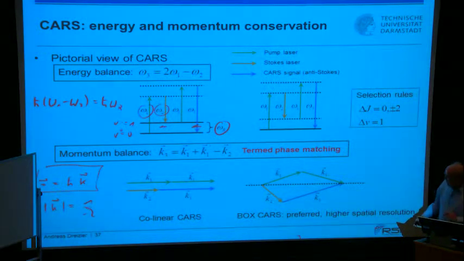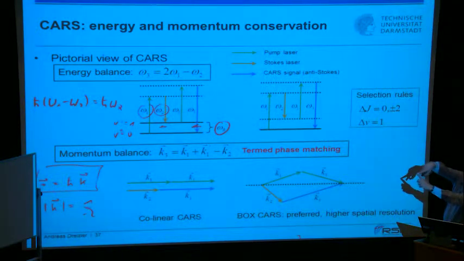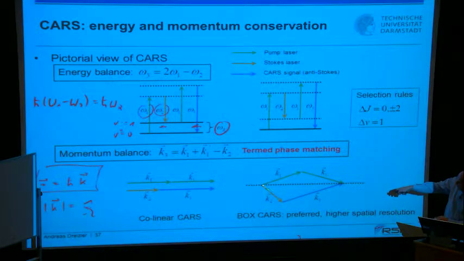That is why you take typically a BOXCARS configuration where you have one of the pump lasers in this direction, the other in that direction, and you have chosen a certain angle. Then you have to choose corresponding to that an angle such that the momentum of this additional created omega 2 photon and the momentum of the additional created CARS photon come up to the same value.